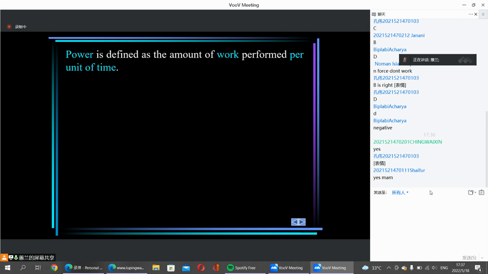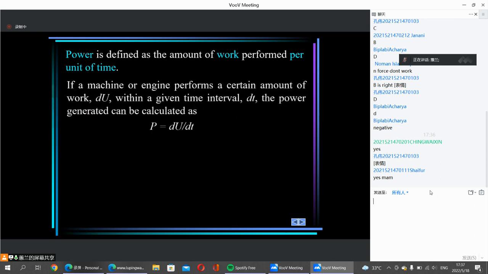Power is defined as the amount of work performed per unit of time. Here, power is actually work per unit time. And this one, we will know it often in hydraulics. If a machine or engine performs a certain amount of work, dU, within a given time interval dt, then the power can be calculated as dU/dt, according to the calculus, right?